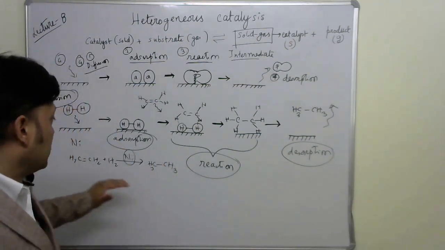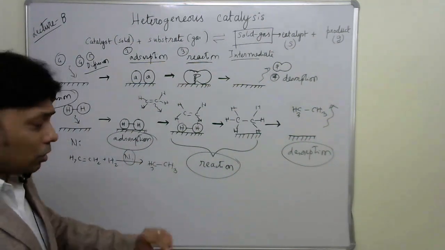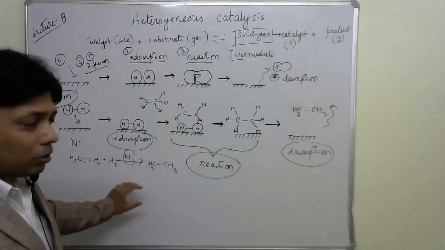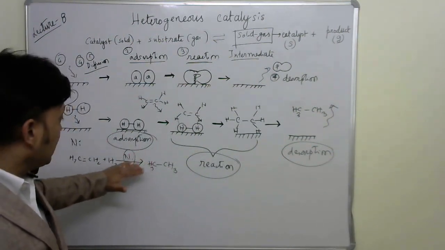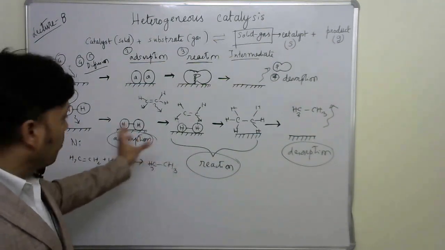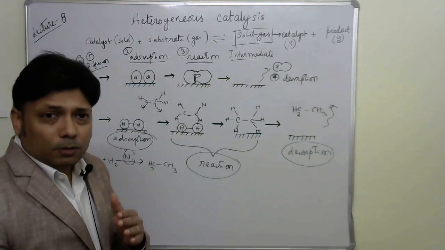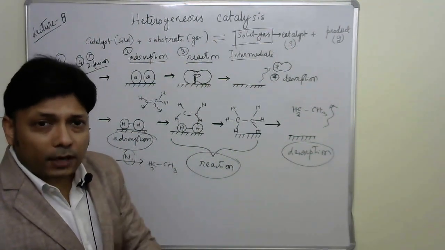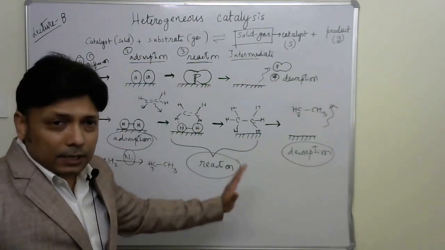That's why we needed a nickel surface, at particular conditions, but we are not mentioning those conditions here. At that condition, the nickel surface offers both the substrates an alternate pathway with a lower activation energy, so that at the given condition the reaction takes place.